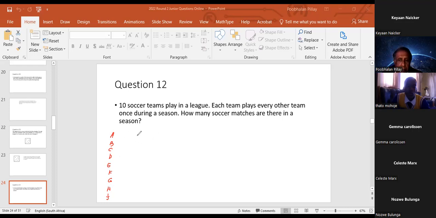For instance, A will play B, C, D, E, F, G, H, I, and J. Here there are only 9. So when A plays all these, there are 9 such games.